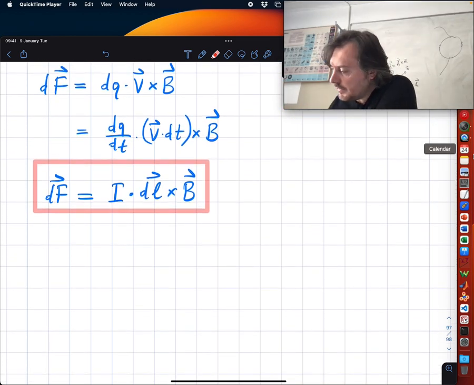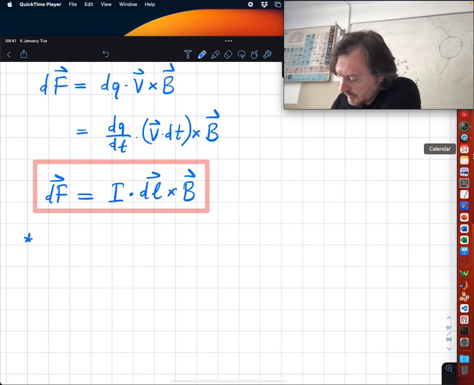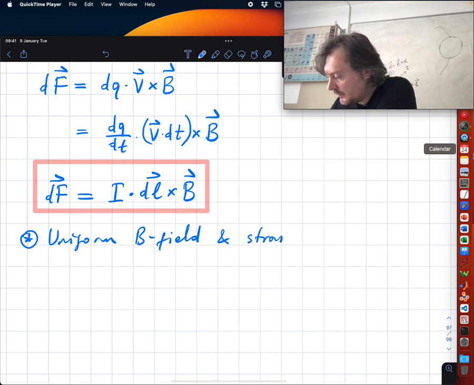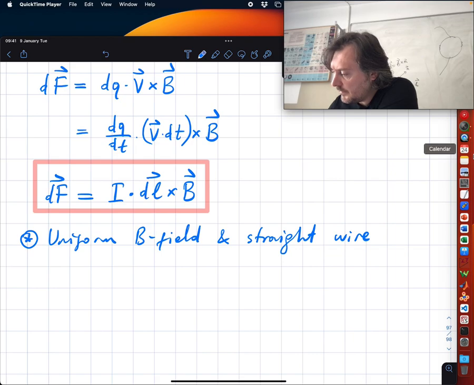When you have a uniform magnetic field and a straight wire, then you can just write it like this.